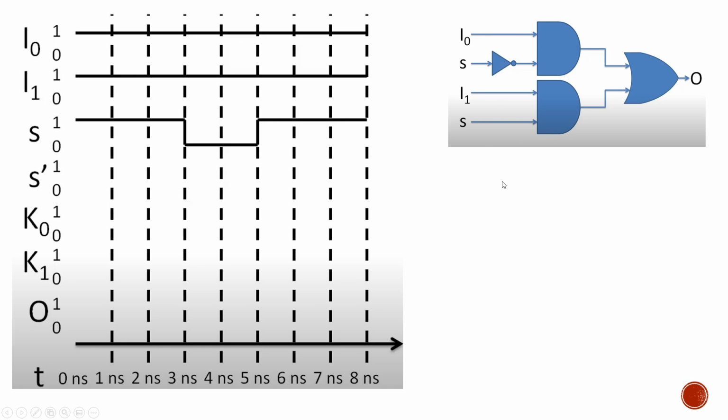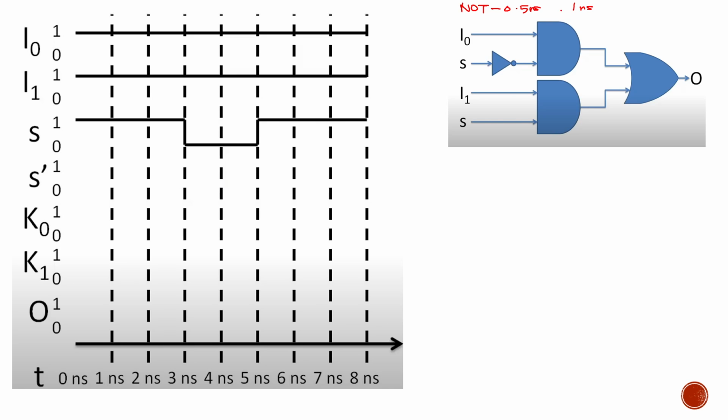In this question, it's specified that a NOT gate has 0.5 nanoseconds of propagation delay, and all other gates have 1 nanosecond of propagation delay.